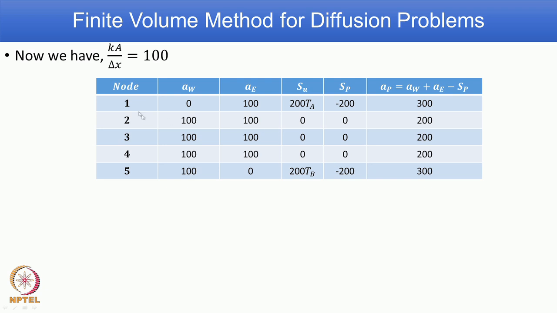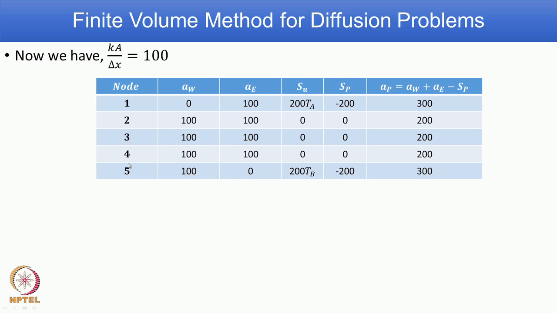Now, for node 1, the left boundary is there, but there is no west node, hence the coefficient A W is actually 0, whereas the east node is available and you are able to evaluate the east coefficient for node 1.